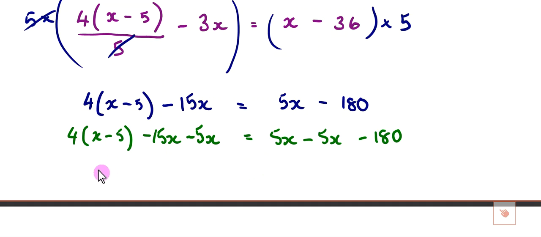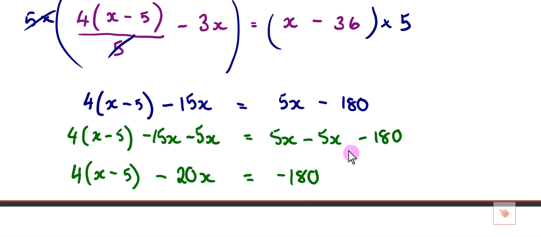So this would then become 4 lots of x minus 5 minus 20x equals 5x minus 5x is nothing, so we're left with just negative 180. That's what we got rid of there. So the times 5 got rid of that, and minus 5x got rid of that.